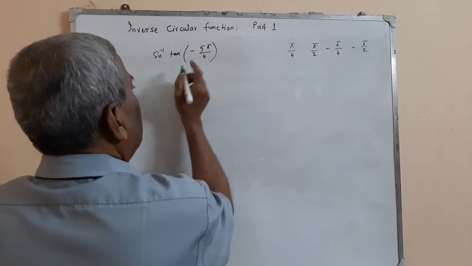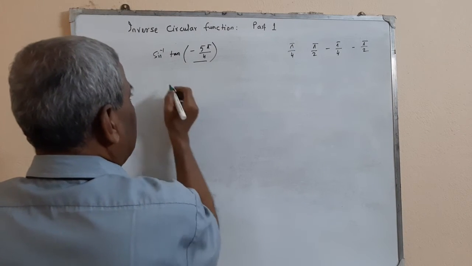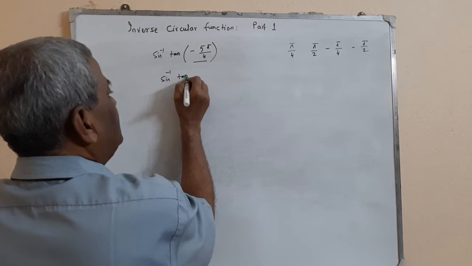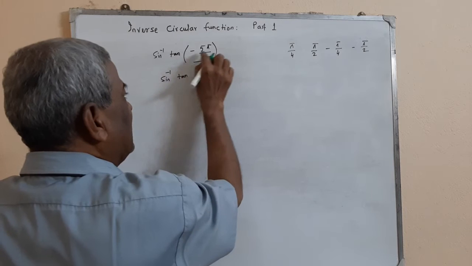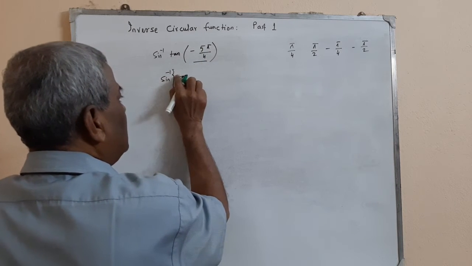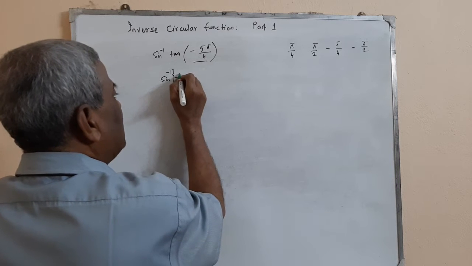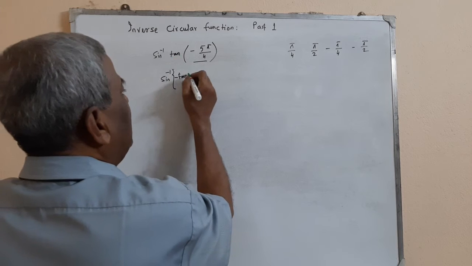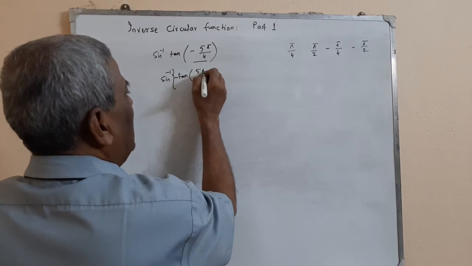Actually, first simplify it. It is sine inverse tan of minus theta, so actually it is minus tan theta. Tan of minus theta is minus tan 5 pi by 4.